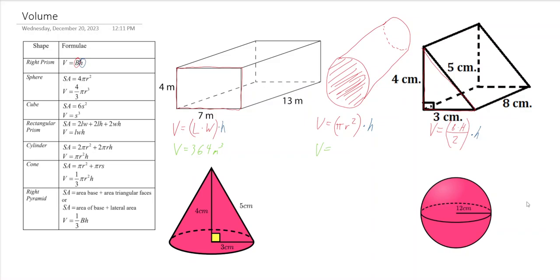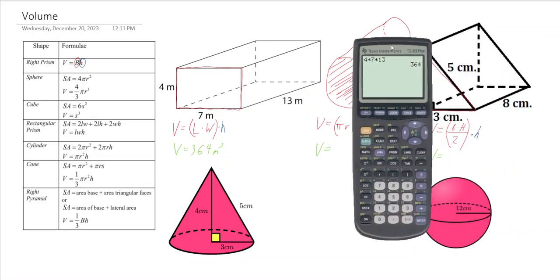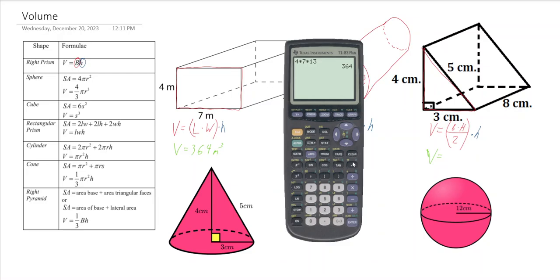Okay, for the cylinder, we didn't put any numbers down, so we can just leave it. But the volume for this next one would be bracket 3 times 4 divided by 2 bracket times the height, or in this case kind of length, which is 8, so 48.